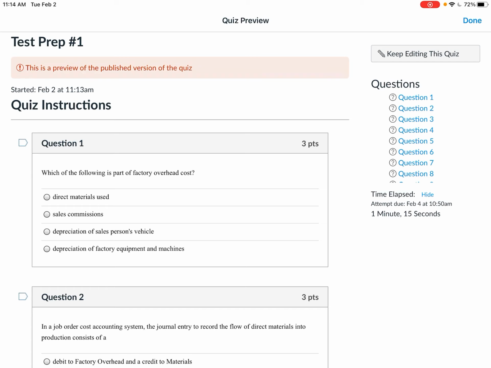All right. So let's see here. This says compute conversion cost given the following data. Direct materials, $347,500. Direct labor, $196,300. Factory overhead, $187,900.